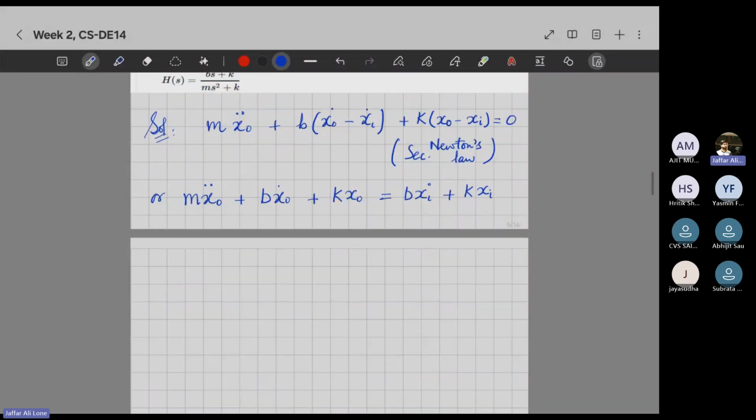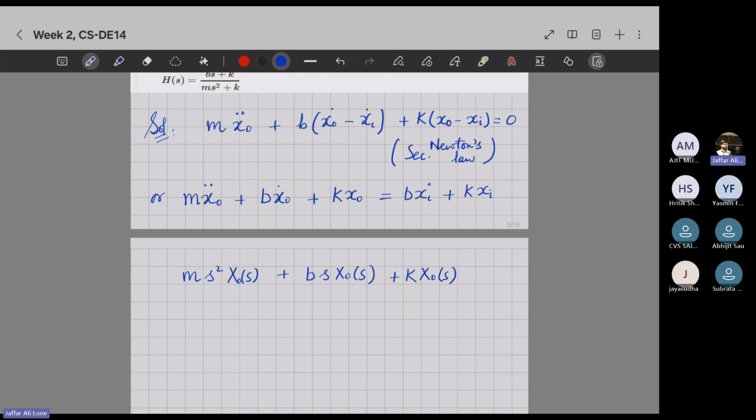In that case, it will be m into s square X naught of s plus b into s into X naught of s, plus k into X naught of s.